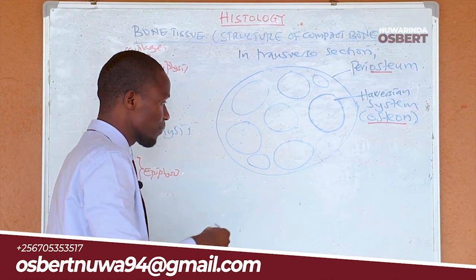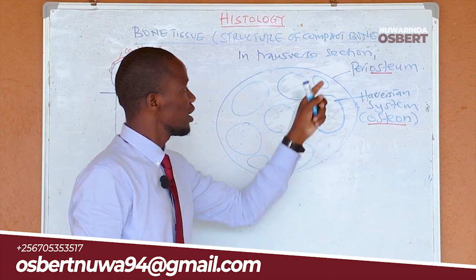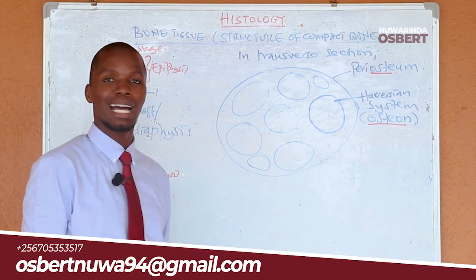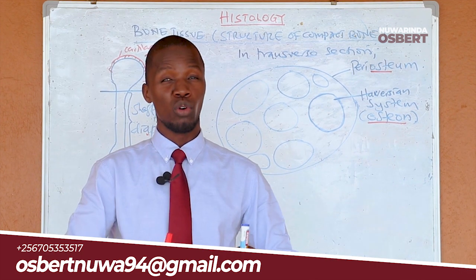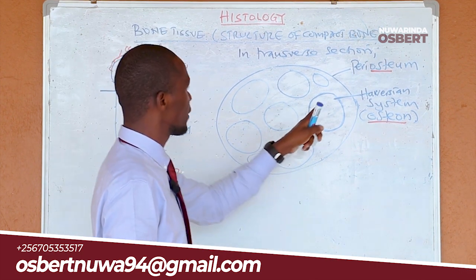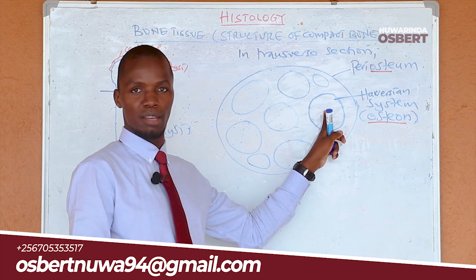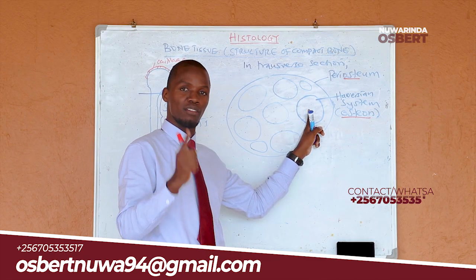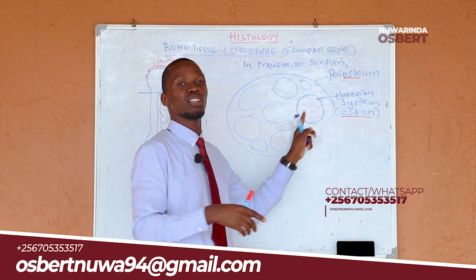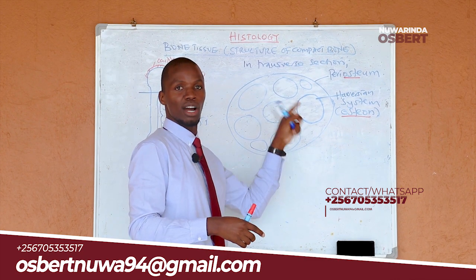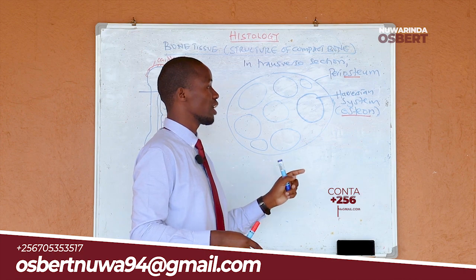Now we are saying a compact bone is made up of very many Haversian systems, but allow me to pick out one Haversian system and we look at it in detail. Whatever we are going to be describing in one Haversian system is a replica of what is present in all the other systems within a compact bone.